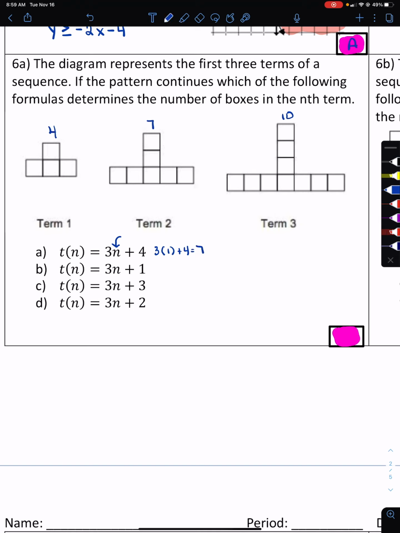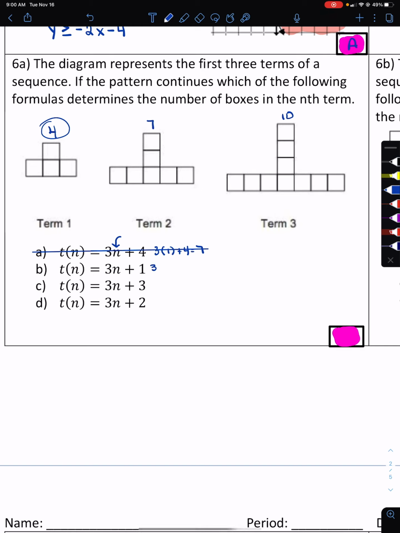Well, my first term does not have 7 boxes. It has 4 boxes. So that one doesn't even meet the criteria for the first term, so there's no reason for me to check it for the other 2 terms. All right, let me check B.